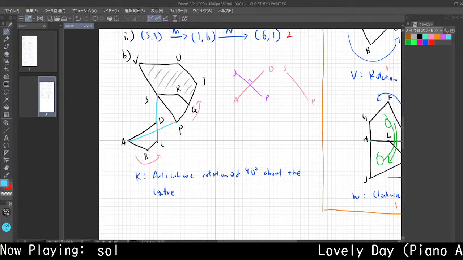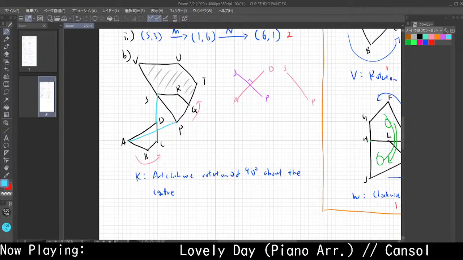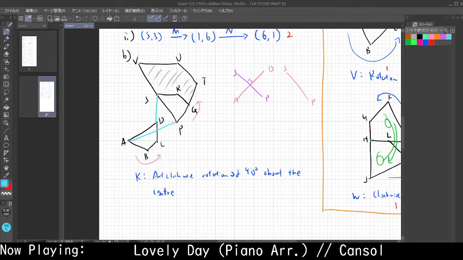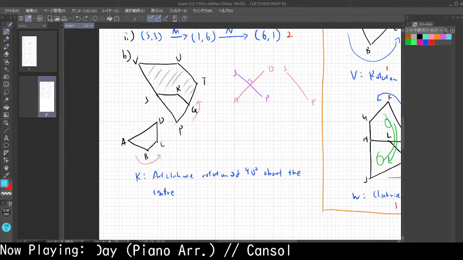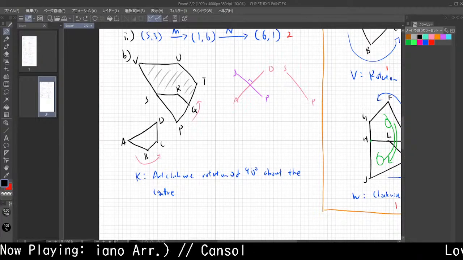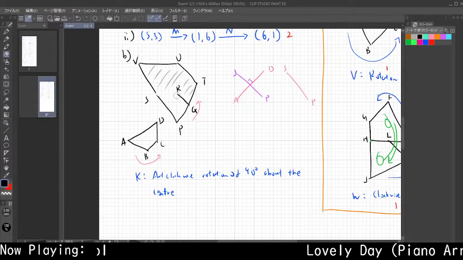let me just double check. Oh, your S and your donkey are not supposed to be on the same line. Okay, no wonder it looks weird. Your S is supposed to be a bit more top.